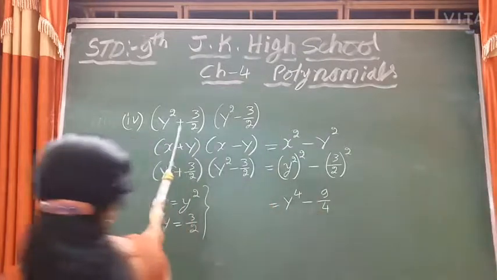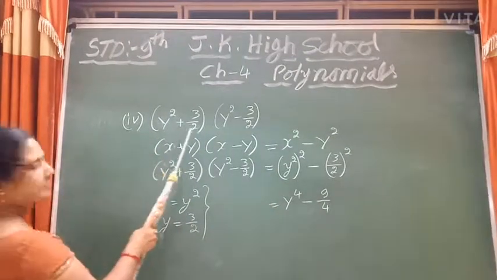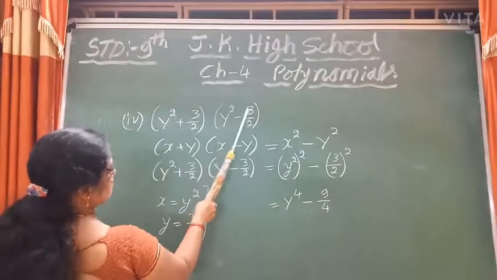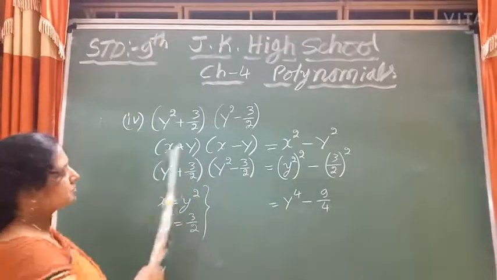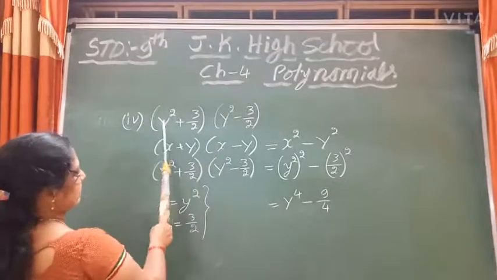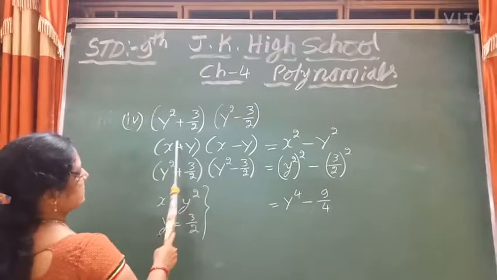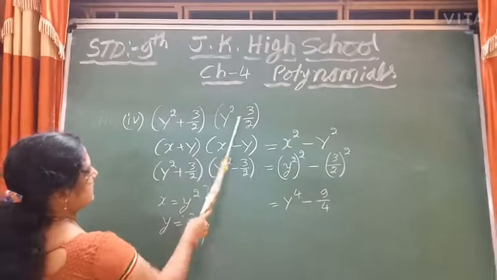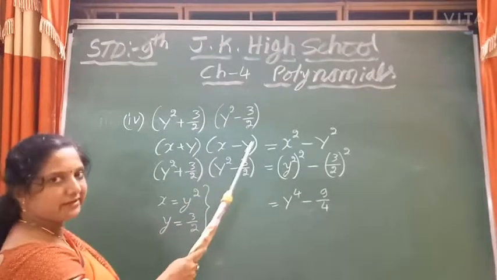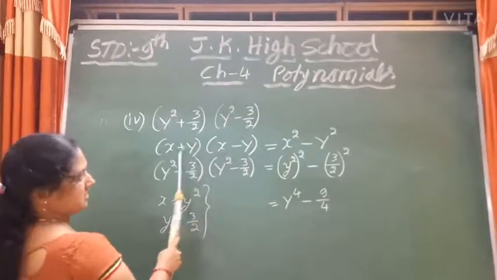Children, fourth question is of this type. y square plus 3 by 2 into y square minus 3 by 2. If you observe this question, it is according to this identity. See the same x value, and the plus minus y value is the same. So if the terms are in this manner, then you can use this identity.